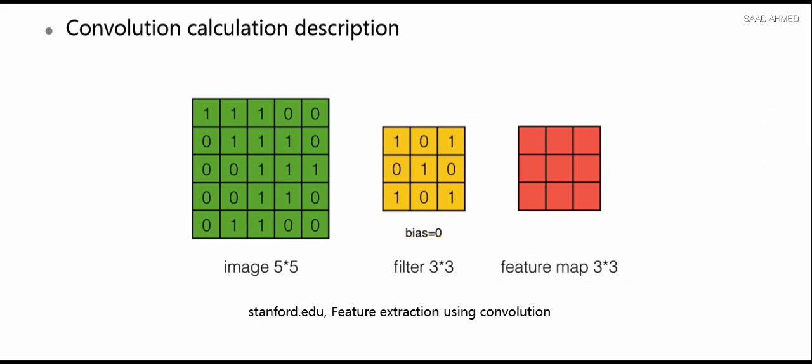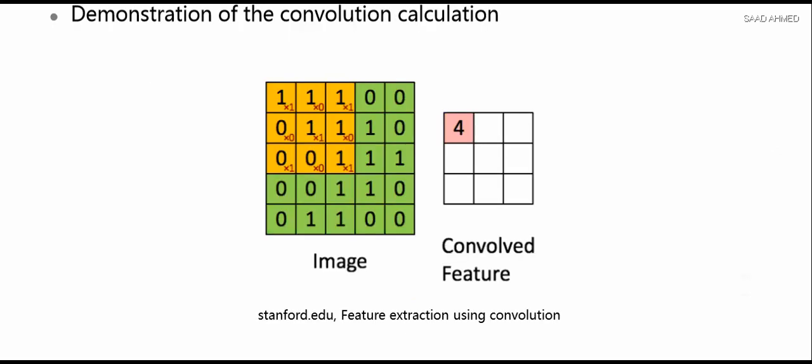If you look at how the calculation is done, you can see this was the feature map, and all the values are multiplied and the final answer is added up. So we have this value, and this is repeated to create the convolved features.